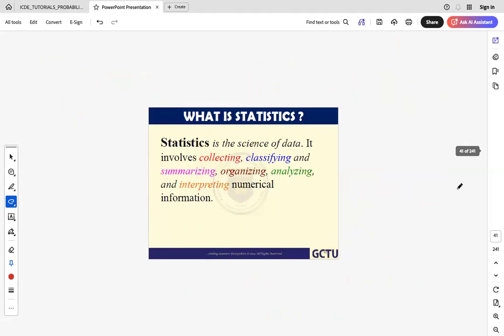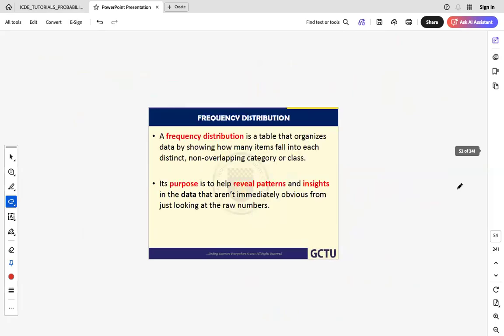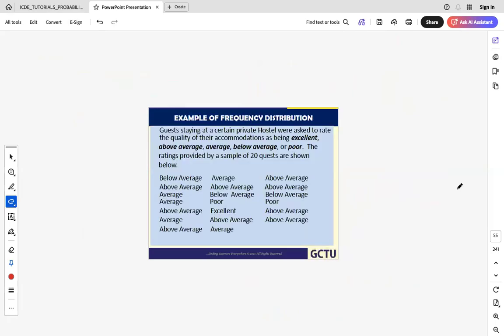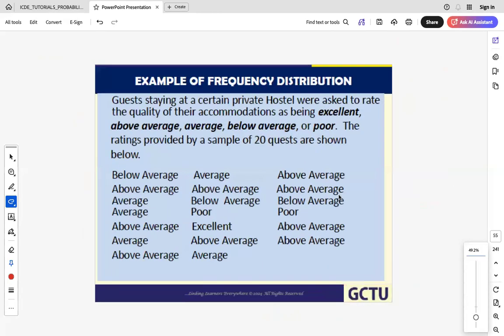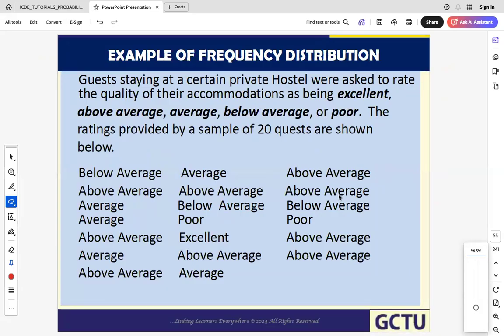So our first example for today is this hostel story here. There's a certain private hostel that some guests went to lodge. And as we do, sometimes you need to prepare a questionnaire for them to give their feedback.